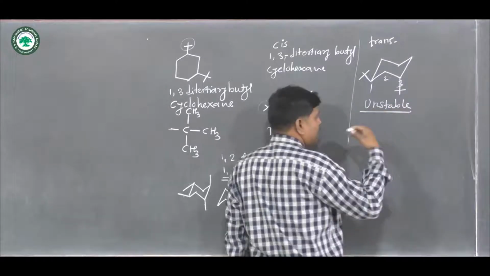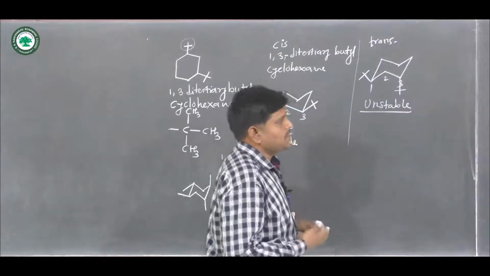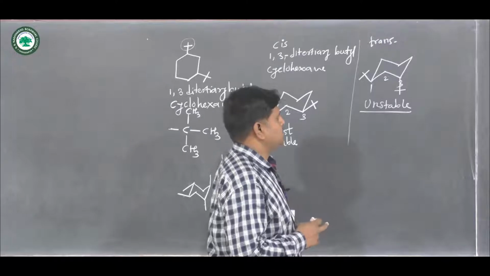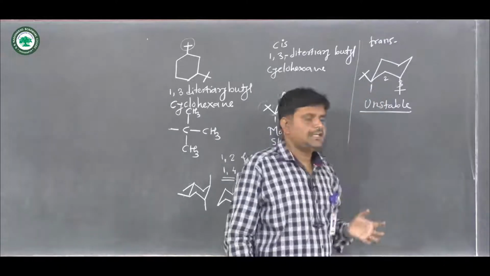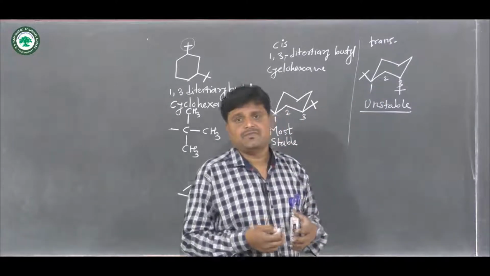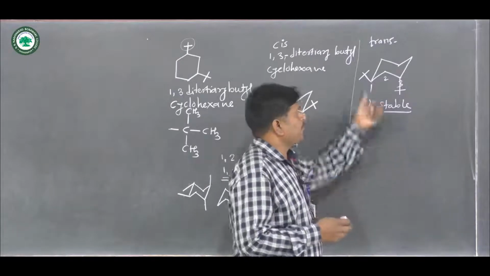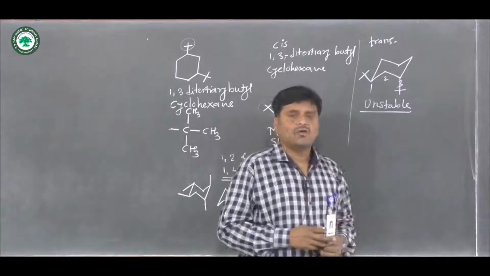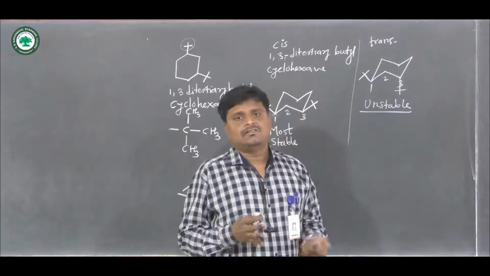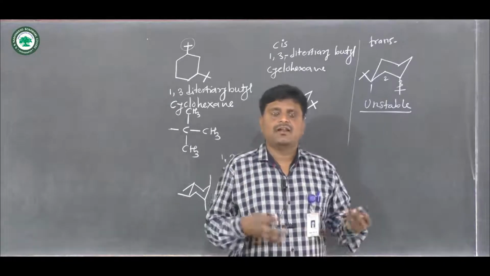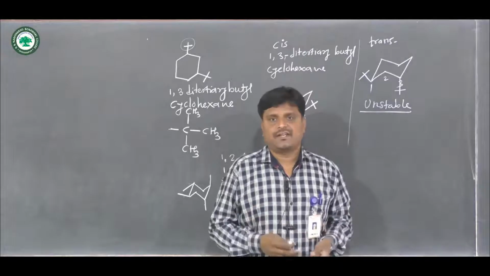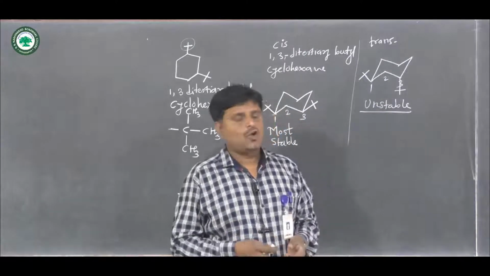But in this case, if such a condition is present, such a ring system can be twisted into another conformation. So we can say the chair conformation or the ring can be distorted. Distorted means what?